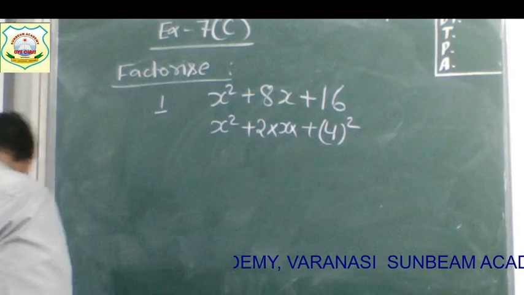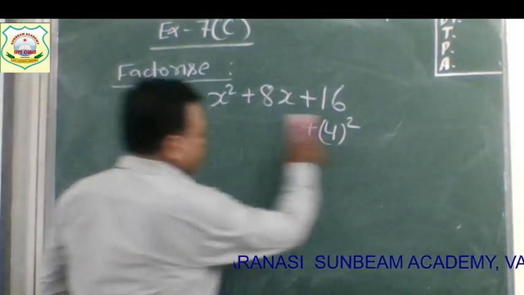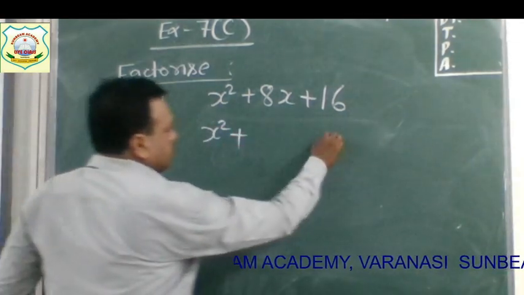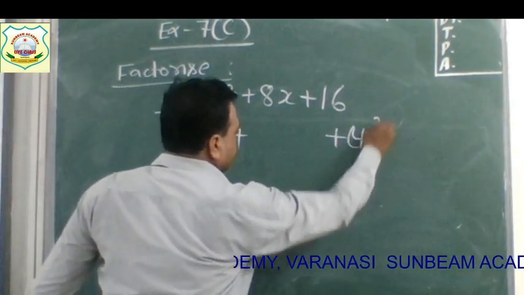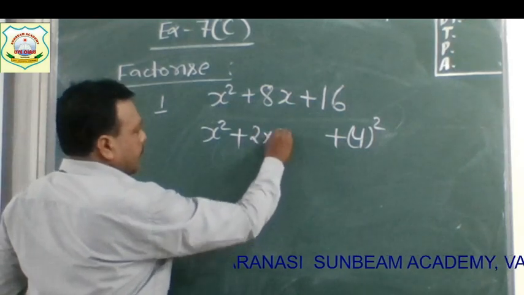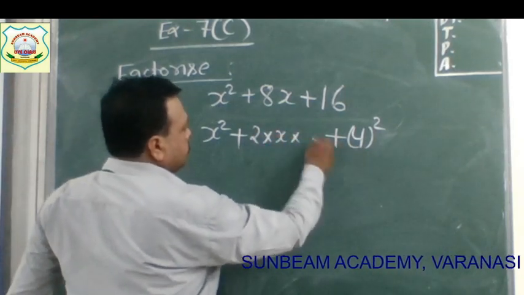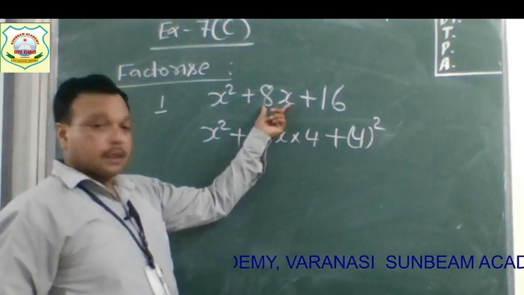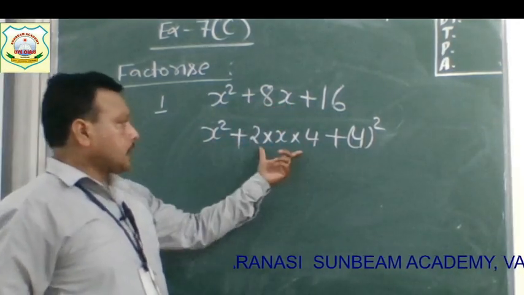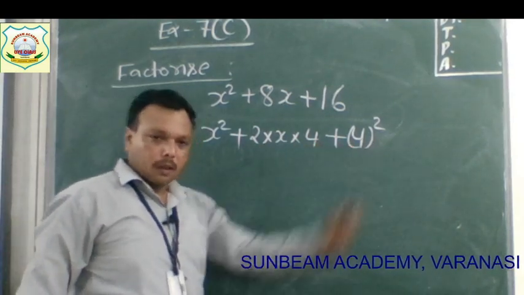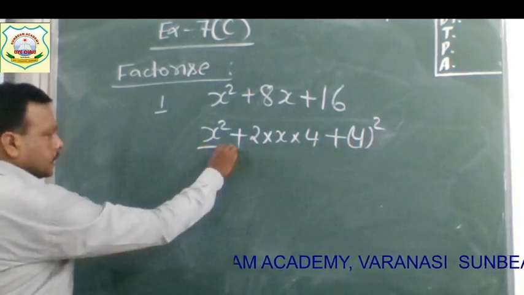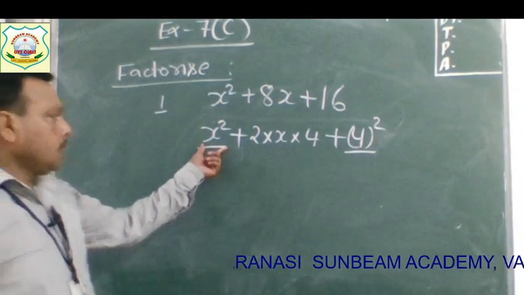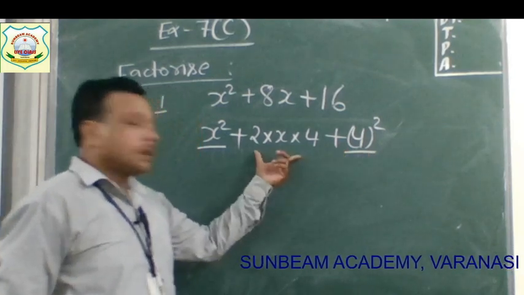Again I am writing here x square plus 4 square plus 2 multiply x multiply 4. So 4 twos are 8x. Here we are getting 8x, so x square plus 8x plus 4 whole square. This is the x square, this is the 4 square, like a square plus b square and plus 2ab.